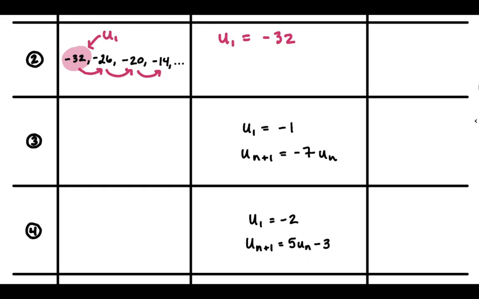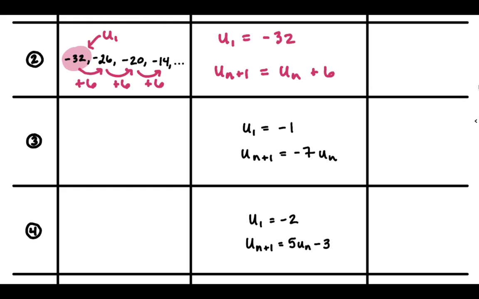You might see pretty quickly that we are adding 6 each time. So to get our next, u sub n plus 1, we take our current, u sub n, and we add 6 to it. So that's how we write next equals now plus 6 in symbols.